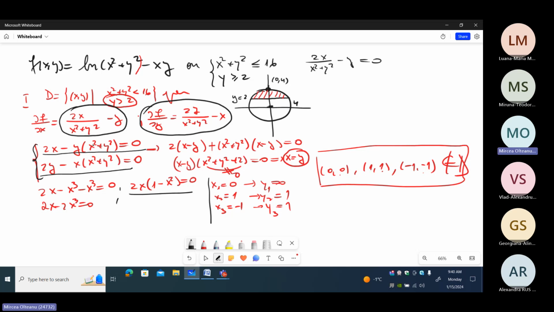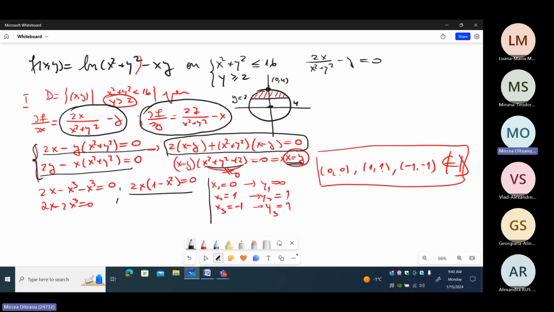And then here, subtract the two equations. And from here, we get that x must be equal to y, because this expression cannot be 0.